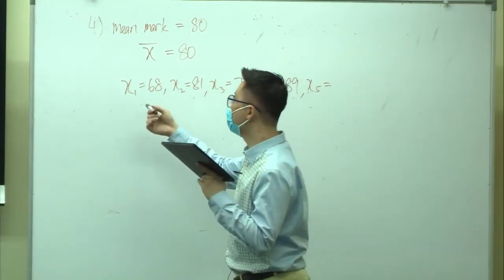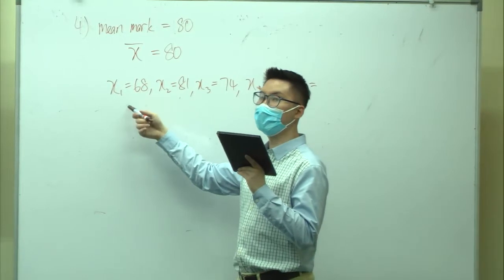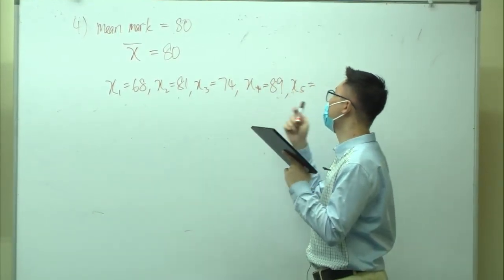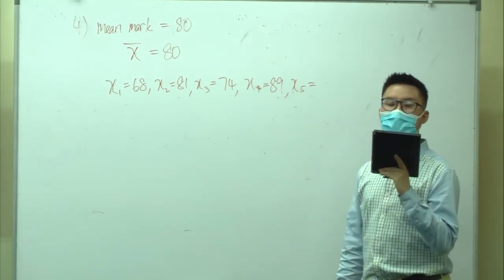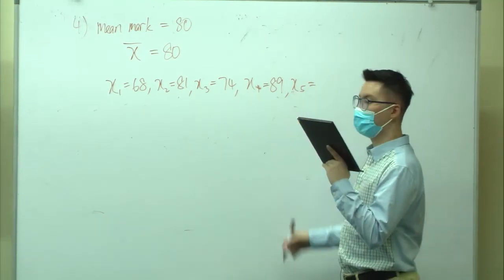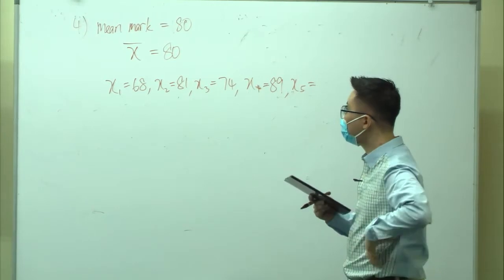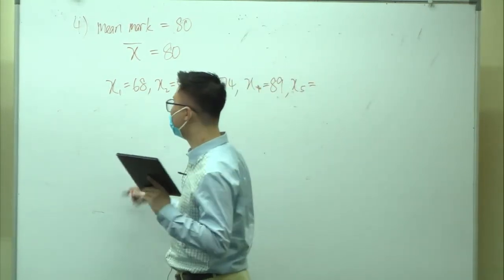So we have x1, x2, x3, x4, where x just means the first data, the second data, the third data, the fourth data. But the 5th one is missing. That's why we need to work out her mark on the 5th test. You see, do you still remember our average formula, the mean formula?